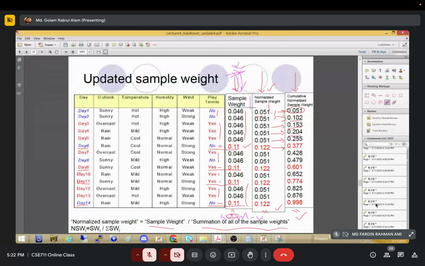To find the normalized values, each sample weight, like this one, 0.046, we have to divide by the summation.